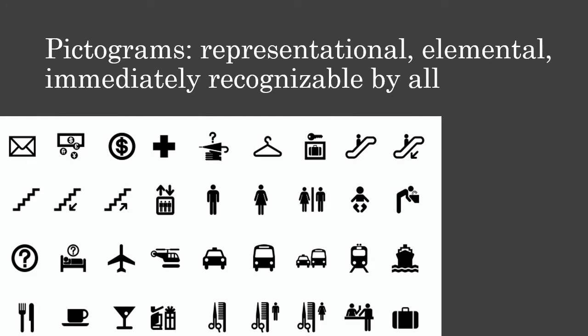Another key component of pictograms is that they are very easily deciphered by everybody and across all language barriers. That's really where the idea of universal depiction comes in. Anybody around the world should be able to look at these visuals and understand what they're communicating.